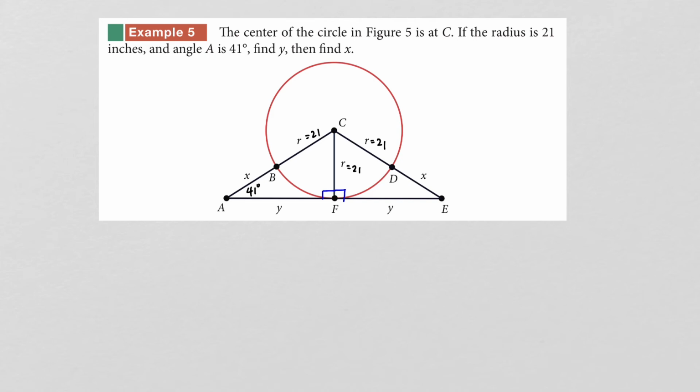The relationship between this angle, this side, and this side is tangent, because we know the side opposite angle 41 degrees is 21, and Y is the adjacent side. So the tangent of 41 degrees will be equal to the opposite side 21 divided by y.